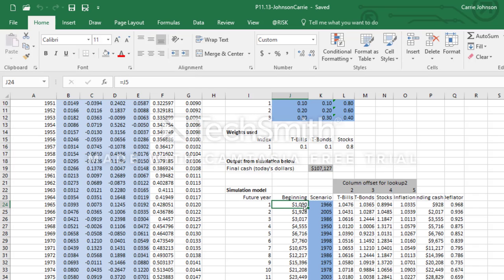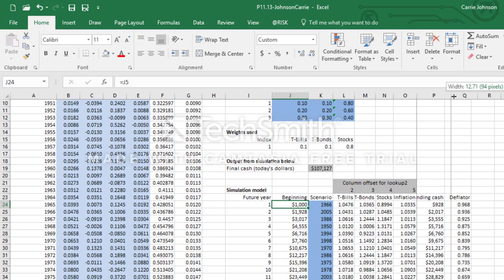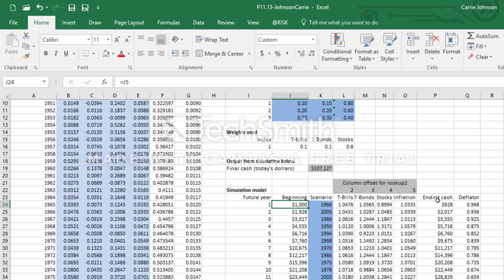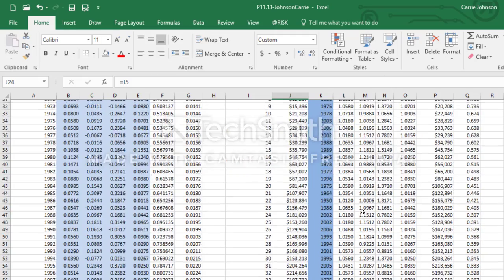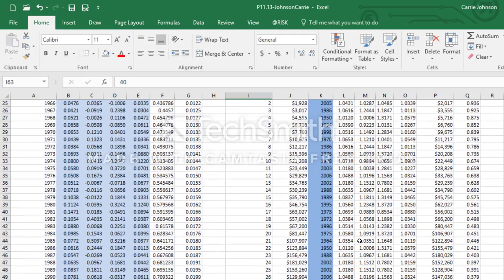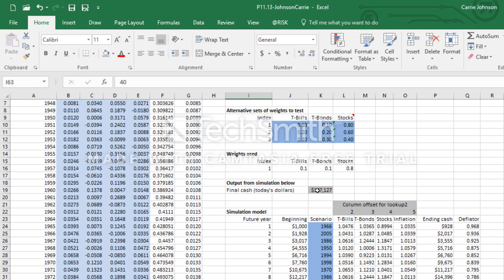I've also calculated all of the different formulas for the beginning and ending cash flows for 40 years, as well as the final cash in today's dollars.